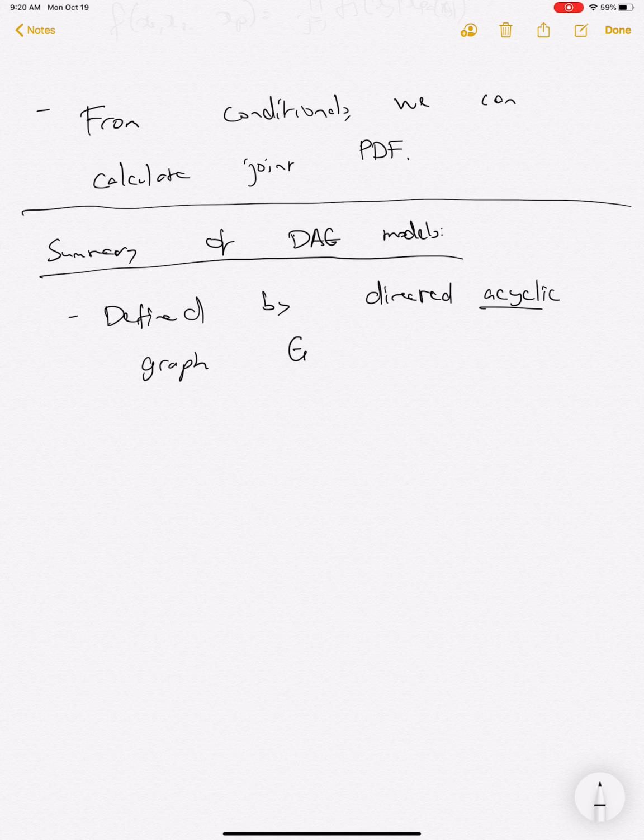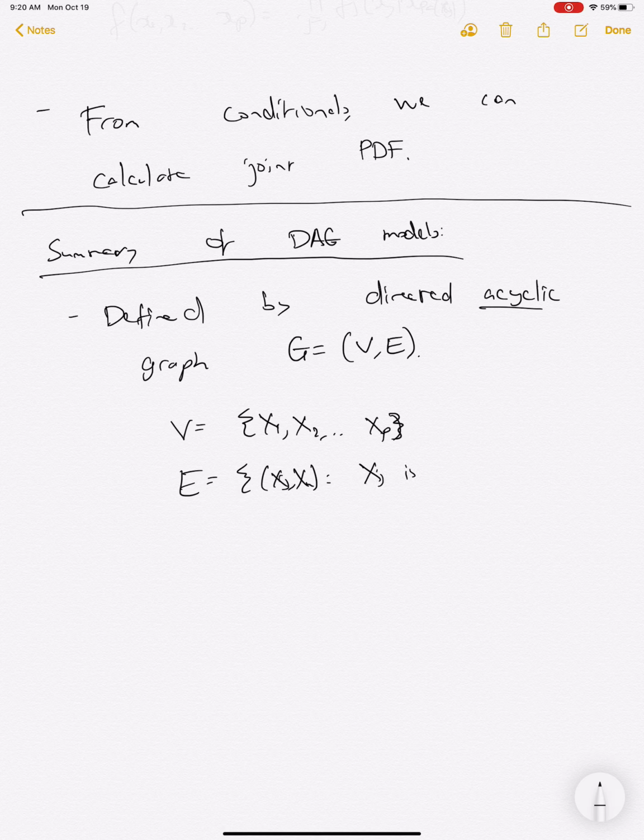I'll use the notation G equals (V, E), where V is the set of nodes x1, x2 up to xp, and E is the set of edges (xj, xk), where xj is a parent of xk.